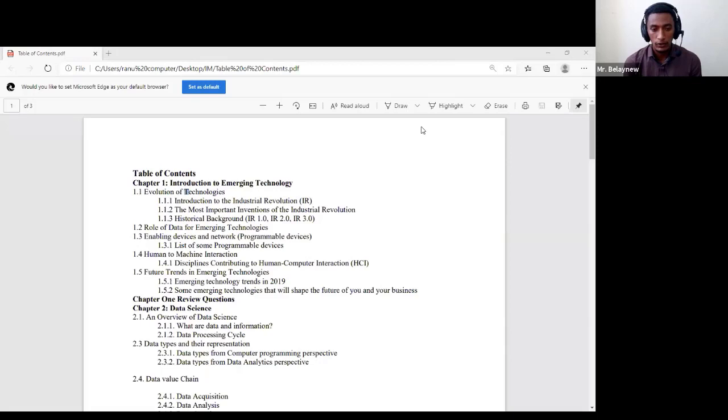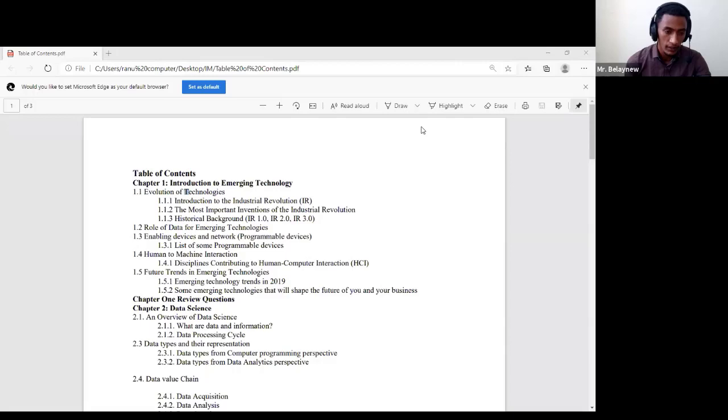Okay. So we will discuss different data types, like integer, floating data type, and so on. And also we will see data types from the data analysis perspective as well as the computer programming perspective.